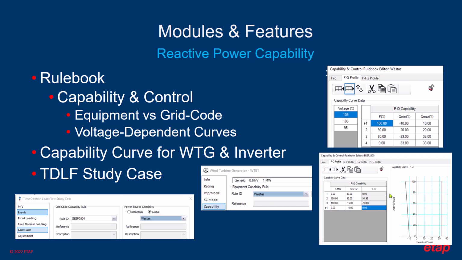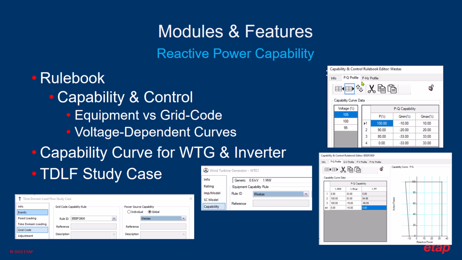It can be entered for the grid code that needs to be met. Then in each asset, let's say a DER like a wind turbine or inverter, you can select which capability curve is applied. Typically, you pick a vendor. Then in the study case, when you do the analysis, you pick which rule you're going to meet, follow, or comply with.